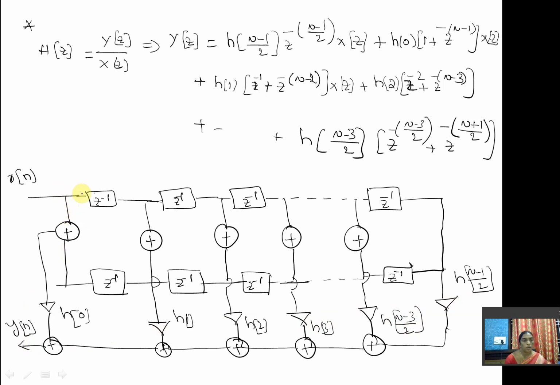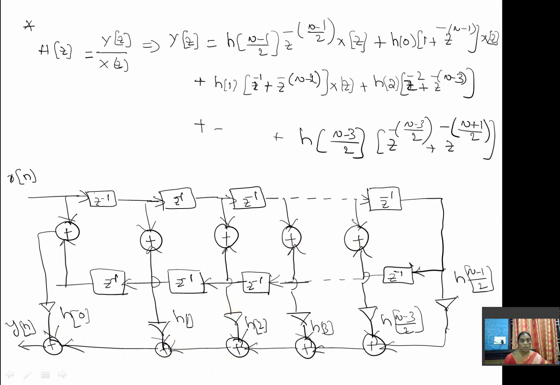In this way, place the directions like this. Don't forget to put these arrowheads here, very important.